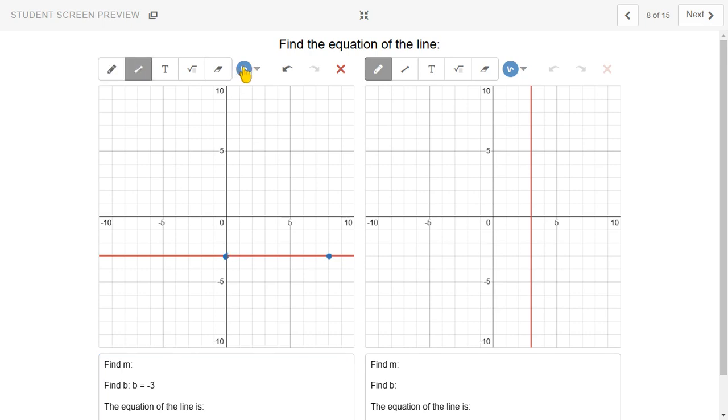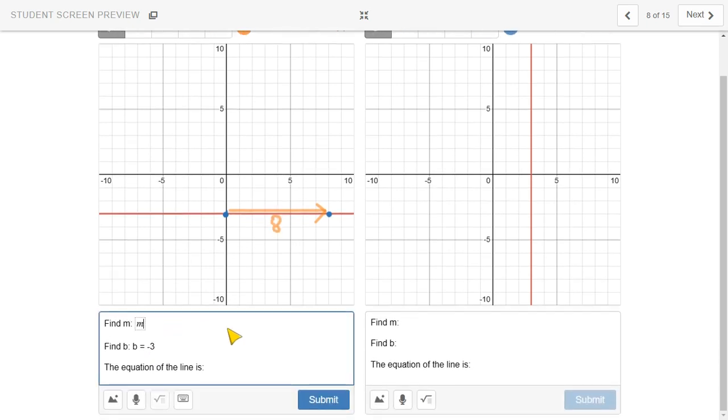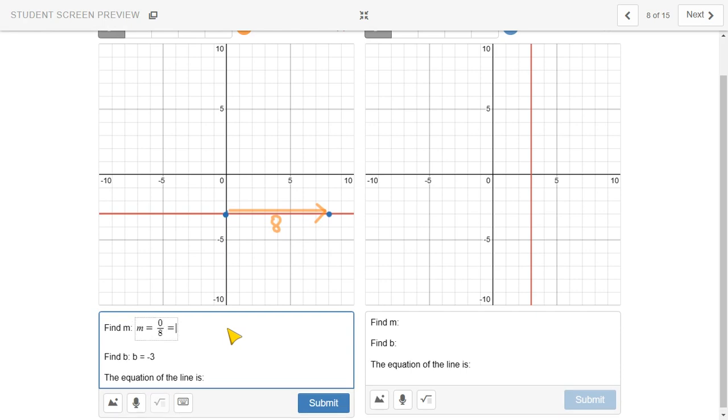I can count the rise and the run. I've got 0 steps rising and I've run by 8. So our slope m is equal to 0 over 8. And if I simplify 0 divided by 8, we get m is equal to 0. So the equation of our line, y is equal to 0x minus 3. Now, because it's 0x, I don't have to write that, and I simply get y is equal to -3.